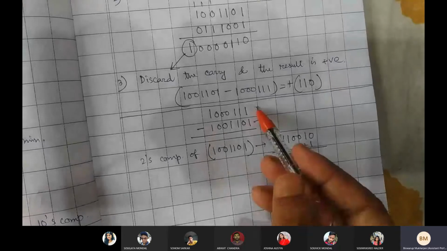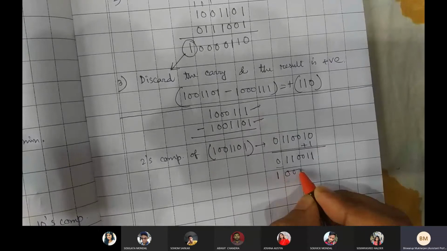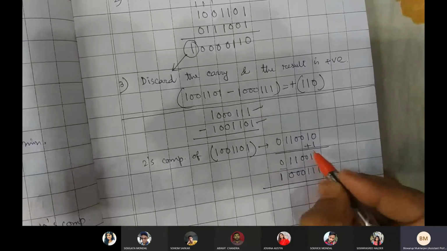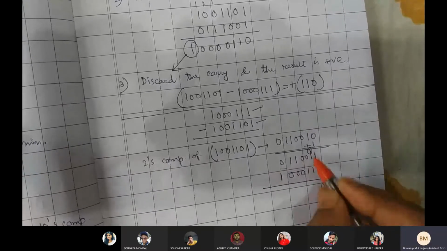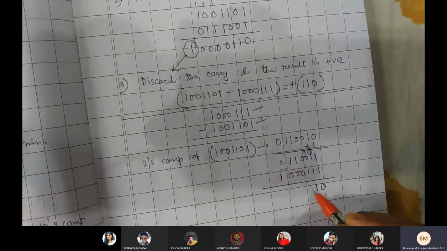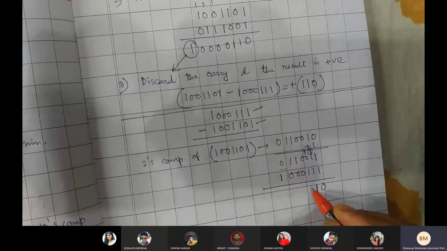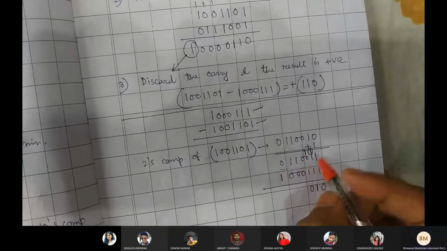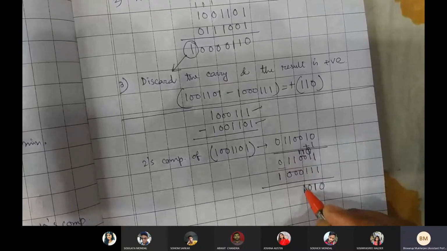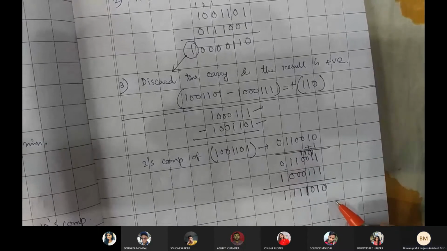Add this with the minuend, which is 1000111. Adding, 1 plus 1 is 10, 1 plus 1 plus 1 is 11, 1 plus 1 is 10. Now we are having 1111010.